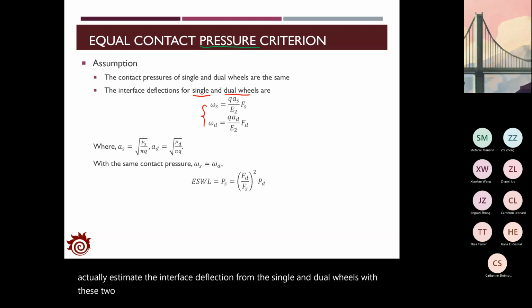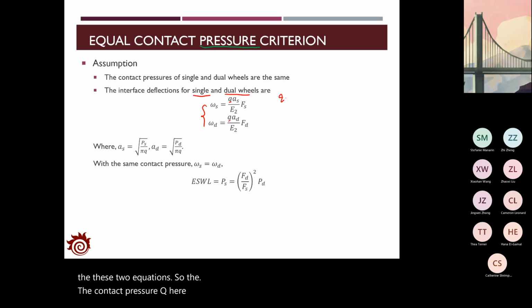The contact pressure Q here represents the contact pressure, and AS is the radius of the single wheel tire.